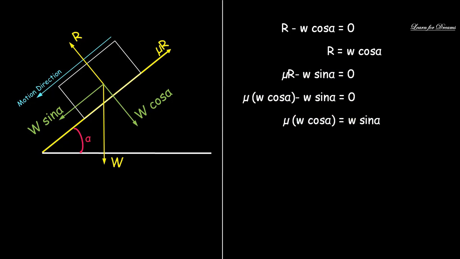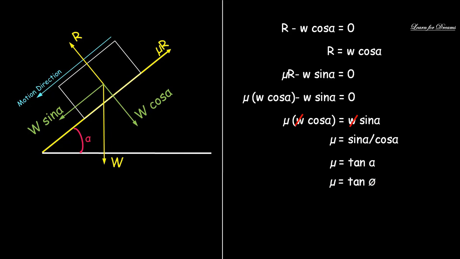Mu W cos alpha minus W sin alpha is equal to 0. That is, mu W cos alpha is equal to W sin alpha. W gets cancelled. We get mu is equal to sin alpha divided by cos alpha. That is, mu is equal to tan alpha.